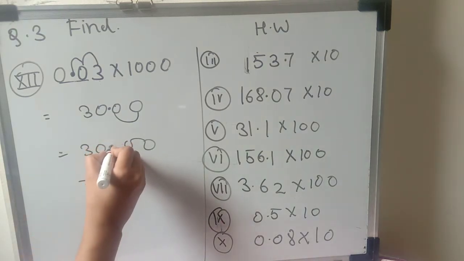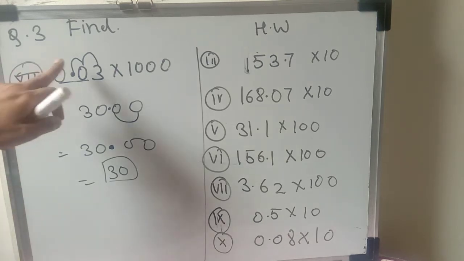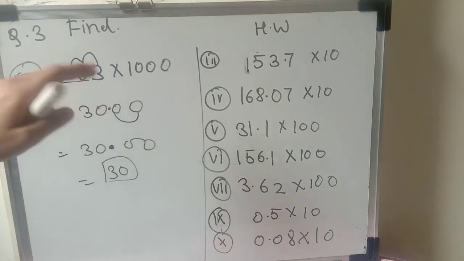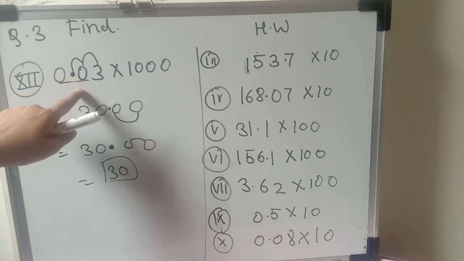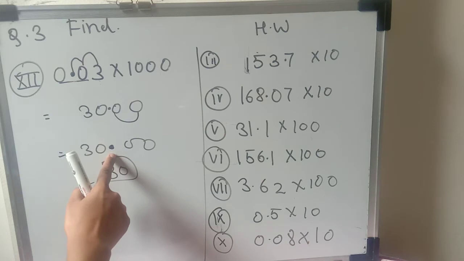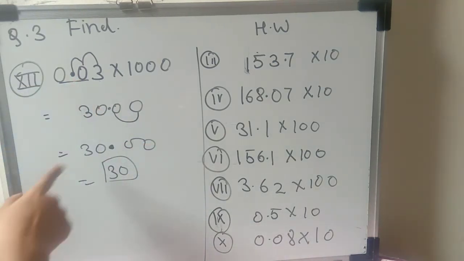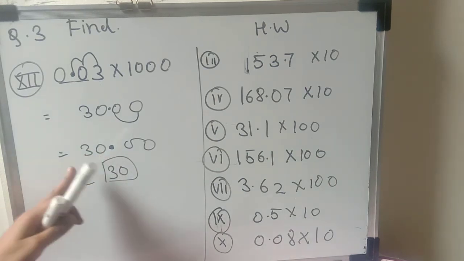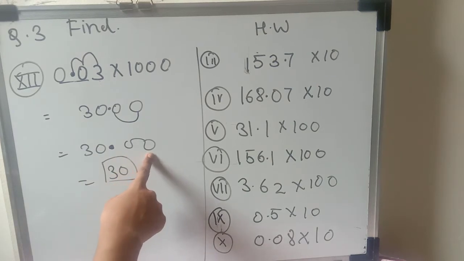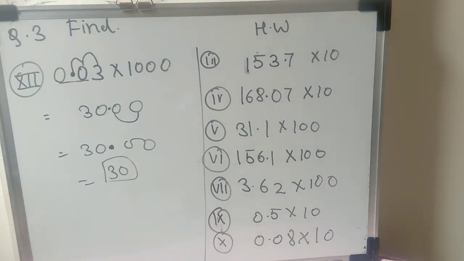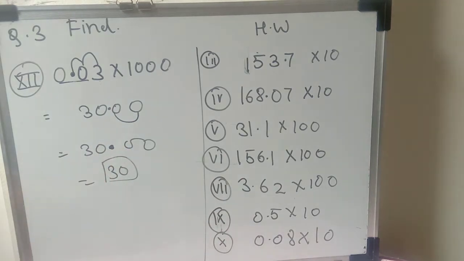Whenever you have to put the decimal in the answer, where do you look? When one number is a whole number and one is a decimal, you look at the decimal number, how many places after the decimal, and to put it in the answer you have to count from the right. Here there are 2 digits, I will not count 2 digits from the left side. Never count from the left side, always count from the right side to put the decimal. So here 1 and 2, here I put the decimal point, and I got the answer, that is 30.